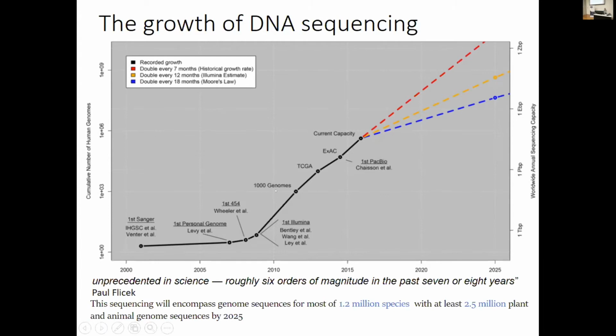And then there was the 1,000 Genomes, and other milestones like TCGA, the Cancer Genome Atlas, and ExAC, the Exome Aggregation Consortium, and then it continues. This study goes up to 2016 and projects the growth of the data up until 2025. You'll see here the amount of data worldwide, the annual sequencing capacity per year, and that we are in the order of zettabytes here.